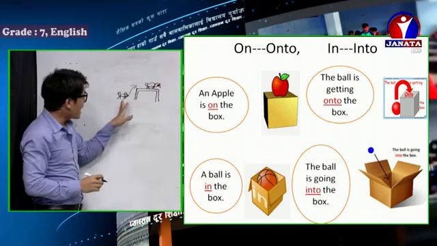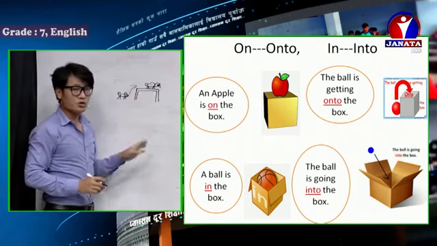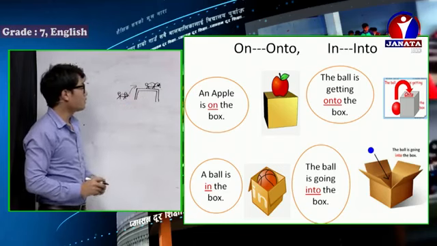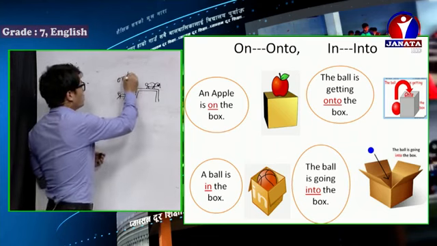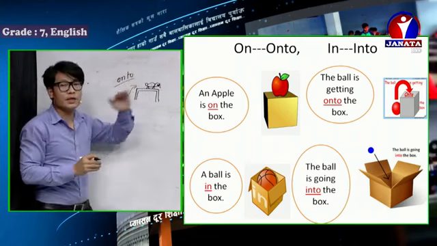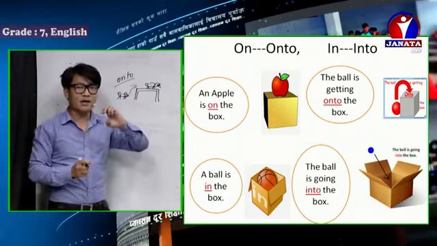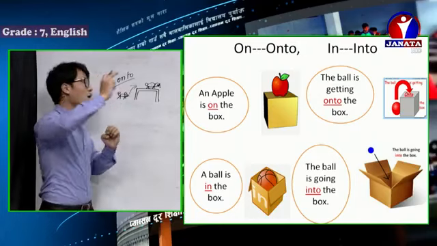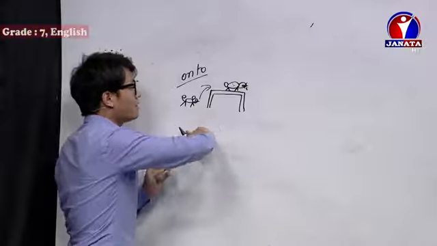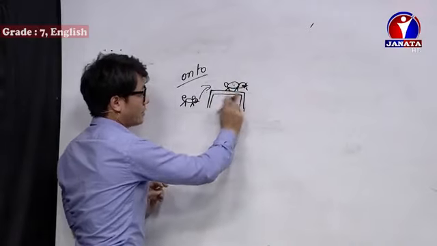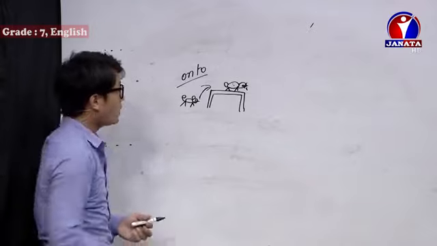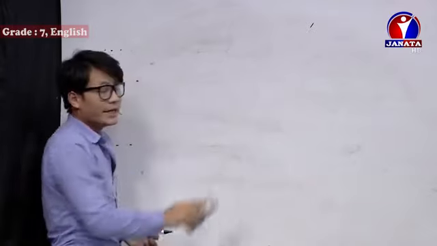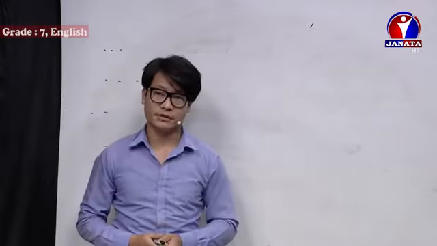So this cat is going to jump to be on the table. So here we use the preposition onto because it's going to be. So a cat is jumping onto the table. You can see the arrow like this. So that is how we use onto, on, into, in prepositions.